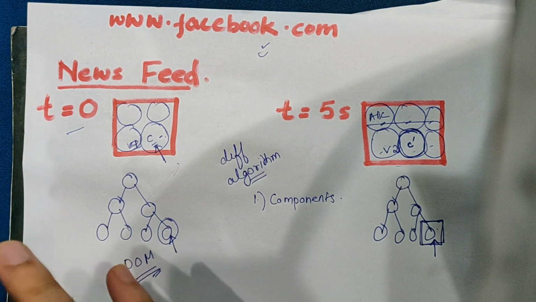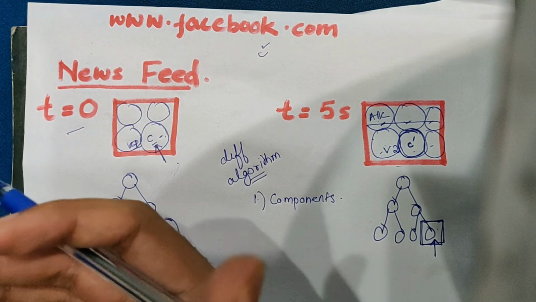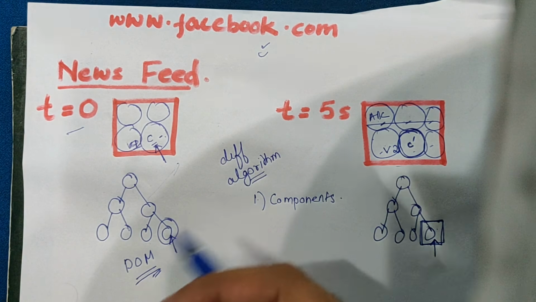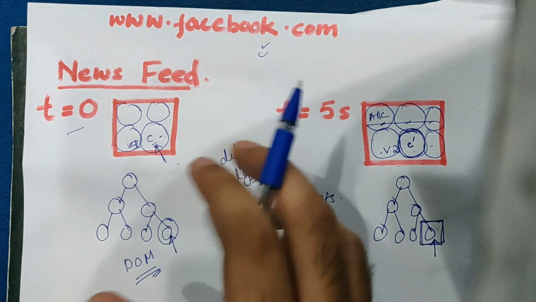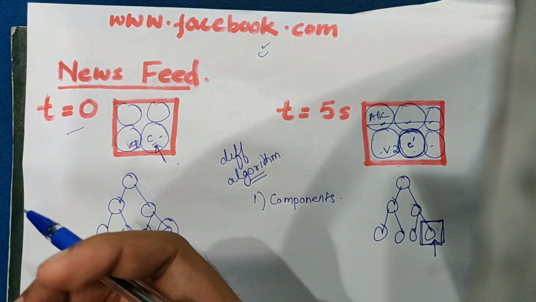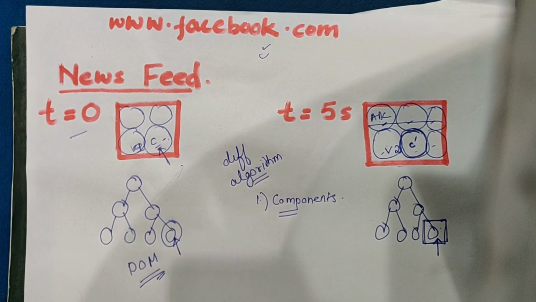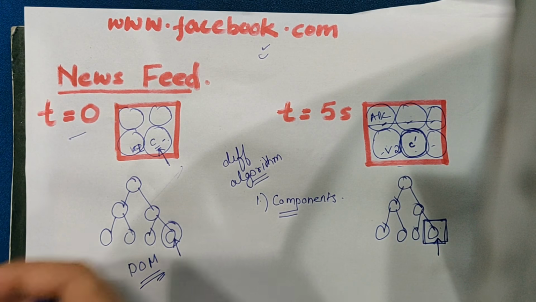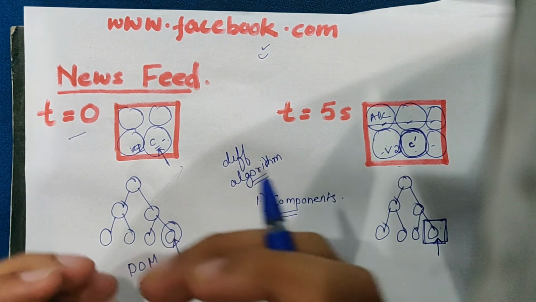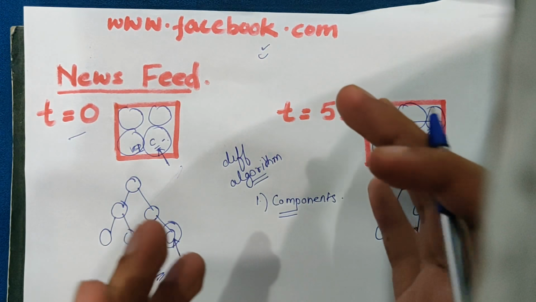So how does React handle this? First of all, React says that you need to divide the page that you see on your browser into components. So every functional part of your web page needs to be divided into something called components. For example, in the case of my home page, there will be a section for write post, newsfeed, chats, maybe ads and games.